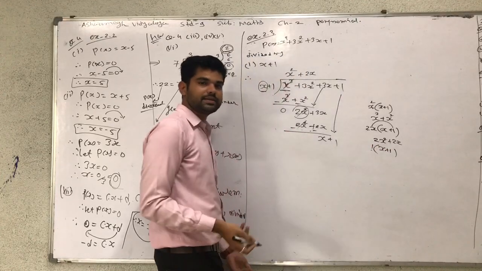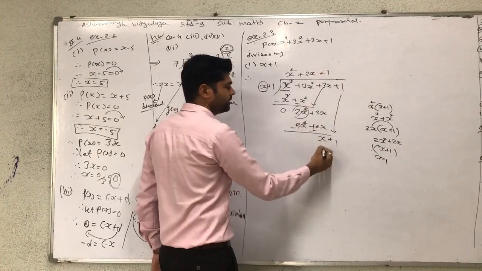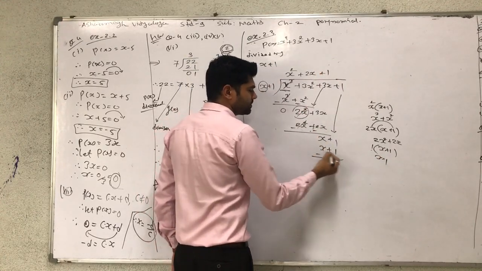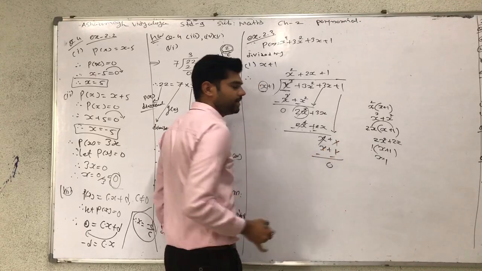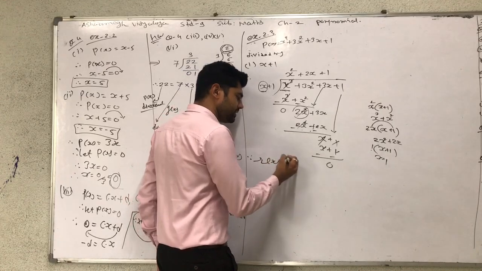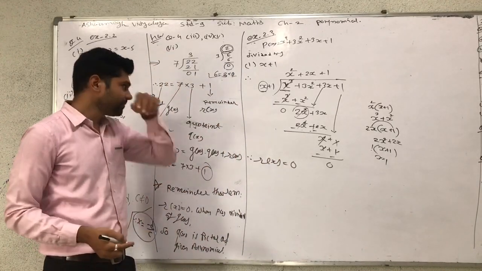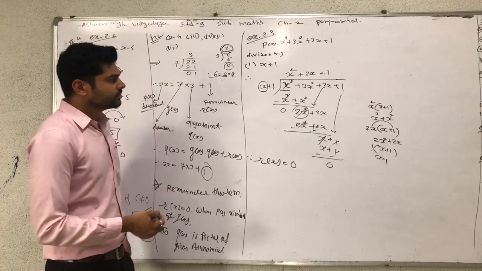So 1 multiplied, answer will be same, x plus 1, and you get minus, minus, both cancelled, remainder is 0. So in this case the remainder is 0.